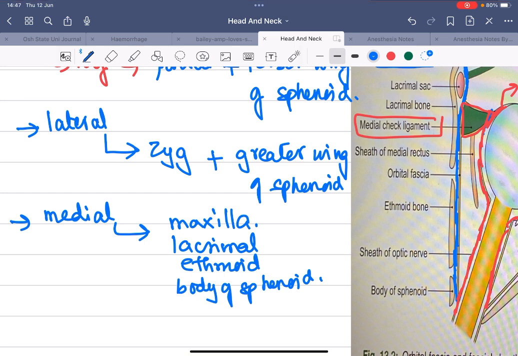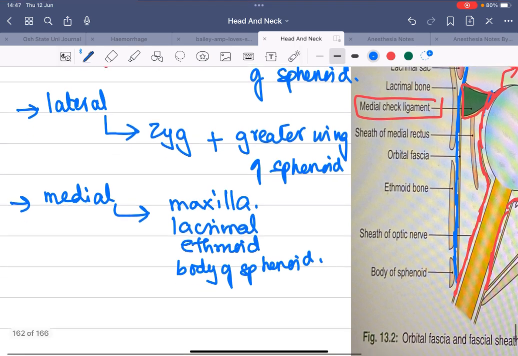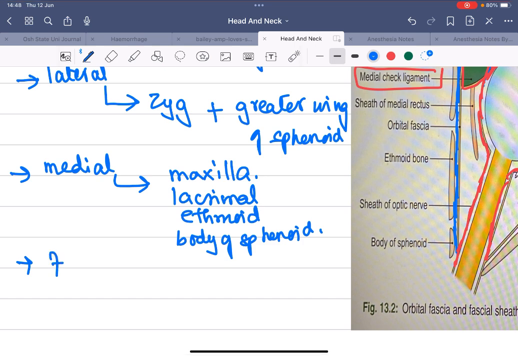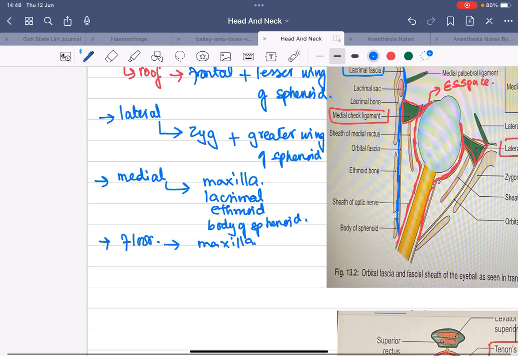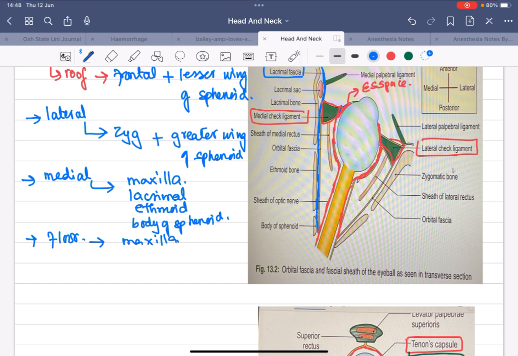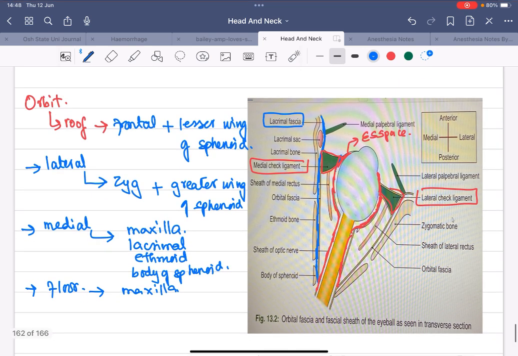Okay, now the floor is formed mainly by the maxilla bone, which separates the orbital cavity from the maxillary sinus. Okay, so these are the boundaries of the orbit. These boundaries of the orbit are very important.